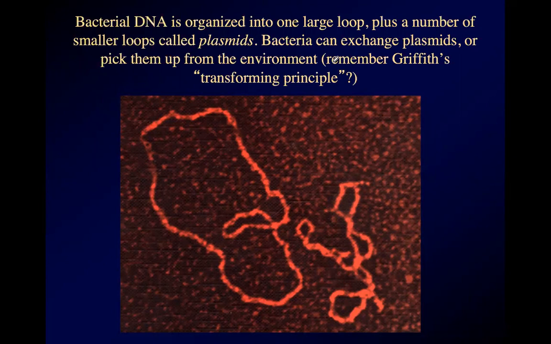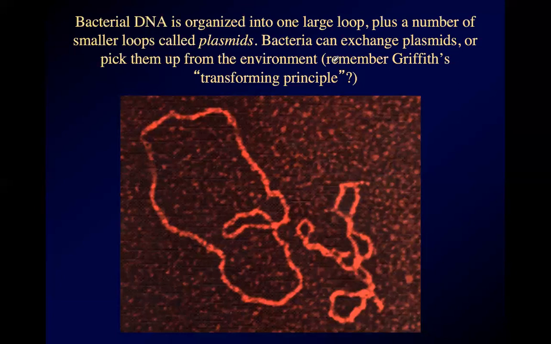One of the differences between prokaryotes and eukaryotes that we didn't get into at the very beginning, but that I can reveal now, is that bacterial DNA comes in loops, not in strips. Typically, you'll have one large loop of DNA plus a number of smaller loops called plasmids.